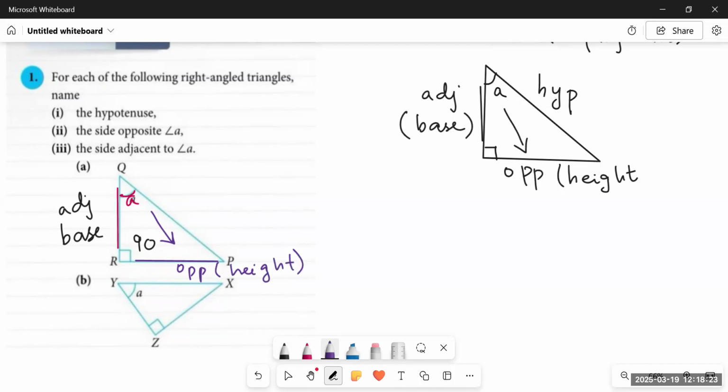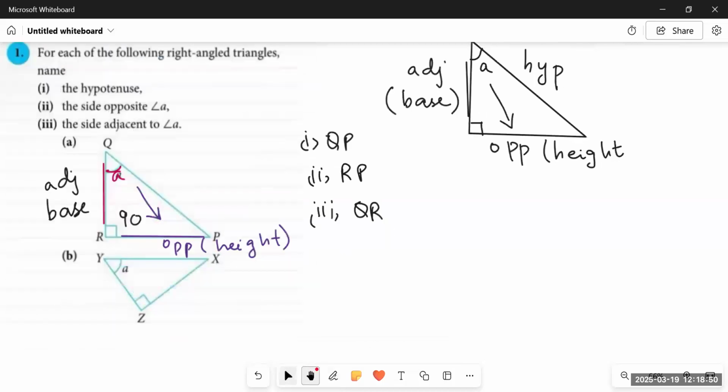And what do we have to do? We have to name the hypotenuse. So in this one, the hypotenuse would be QP or PQ. The side opposite to angle A is RP or PR, and the side adjacent, that is the base, to angle A is QR. This is how you have to do this type of question.